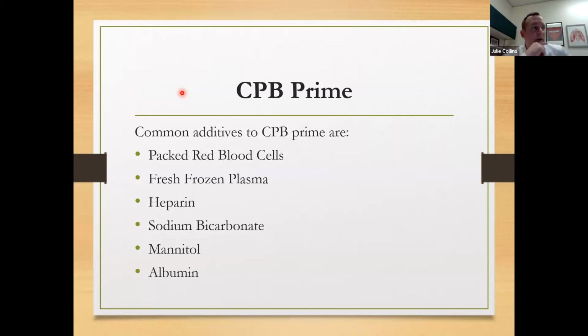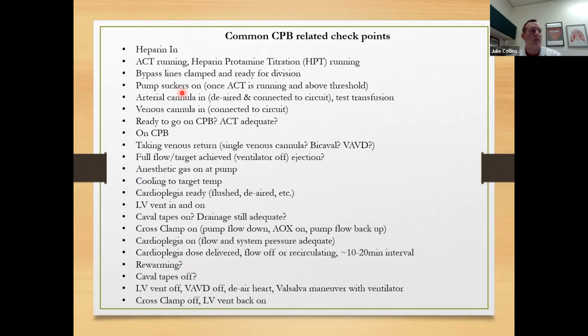You do not want to introduce a highly acidic prime to a kid with that amount of volume. All those things increase the deleterious effects of cardiopulmonary bypass, and that's what we don't want to do. So if you have time, you take a blood gas from that prime and you make adjustments to that prime based on what that blood gas looks like.